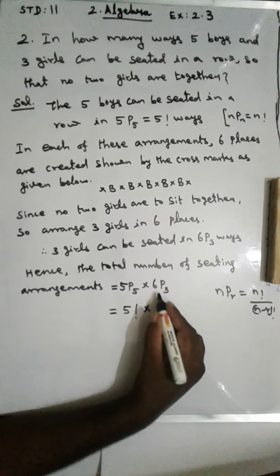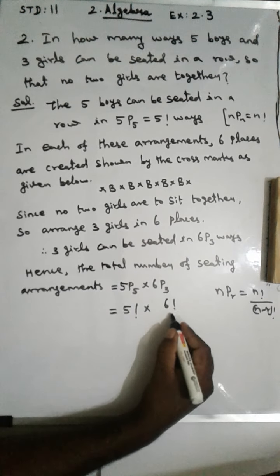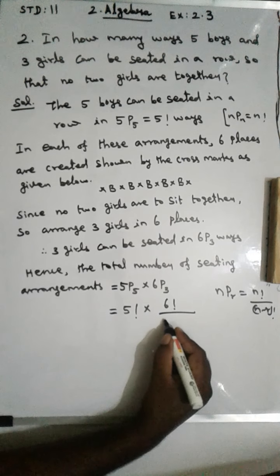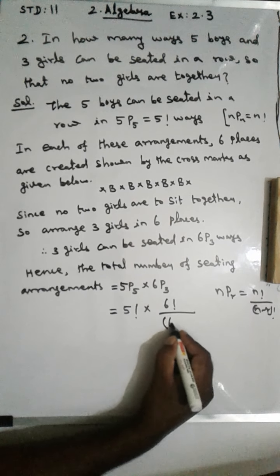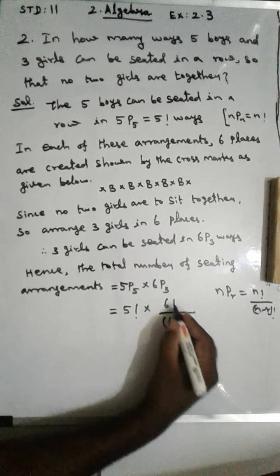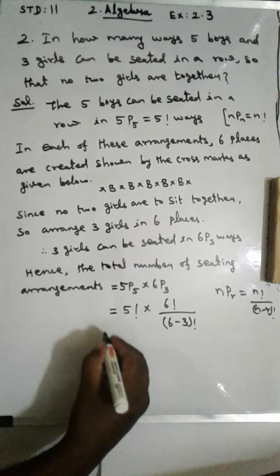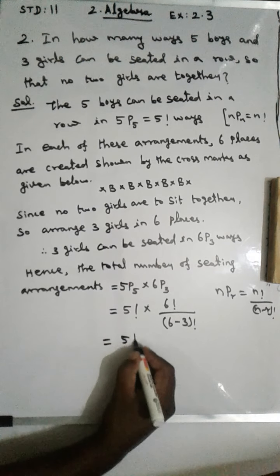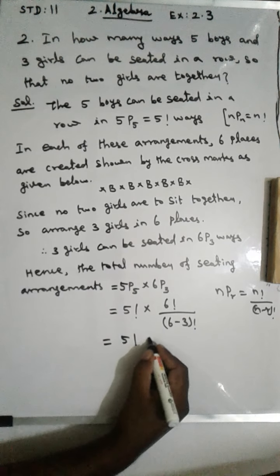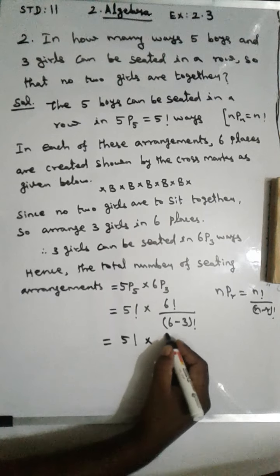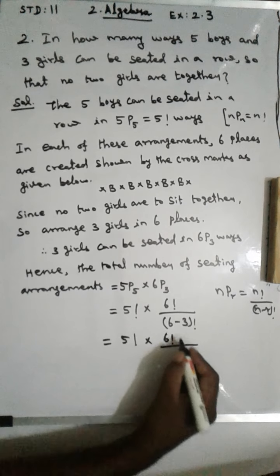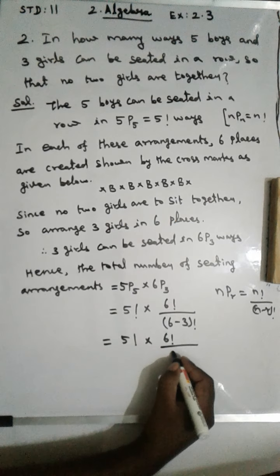Here n is 6 and r is 3, so 6 factorial divided by (6 minus 3) factorial, which equals 5 factorial into 6 factorial divided by 3 factorial.